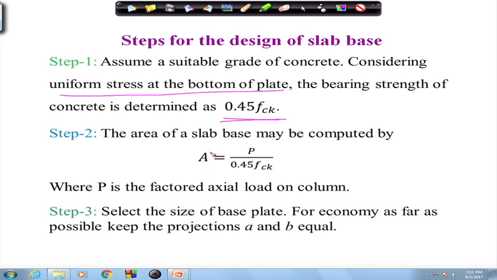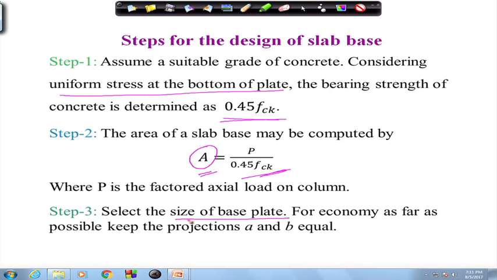Then we can find the area of the slab base as the load divided by bearing strength. The load means the factored axial load on the column, which is P, and the bearing strength of the concrete is 0.45 fck. From this data we can find the required area of the slab base.